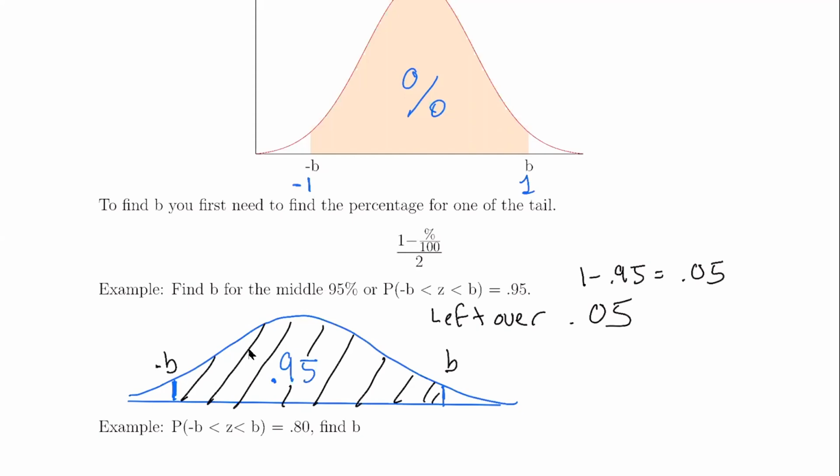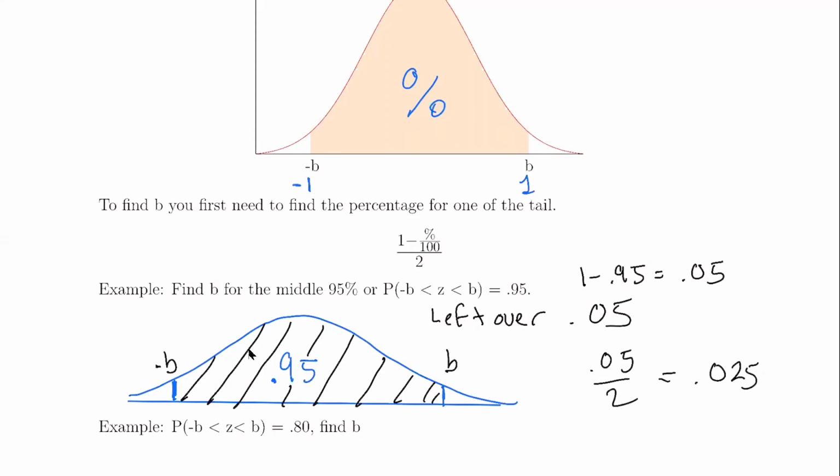All right. So right now, we have 0.05 that's left over, but we have two tails. So what we want to do, we want to get that 0.05 and evenly split it up between both tails. So if I want to evenly split it up between both tails, we're going to get 0.05 and divide that by 2. So if you do 0.05 divided by 2, you actually get 0.025.